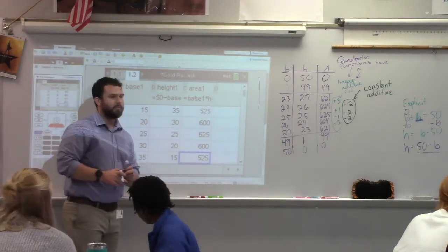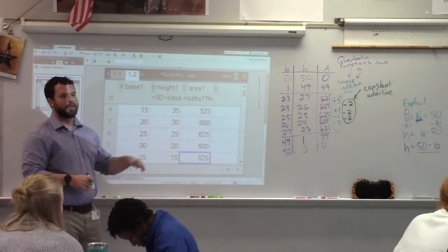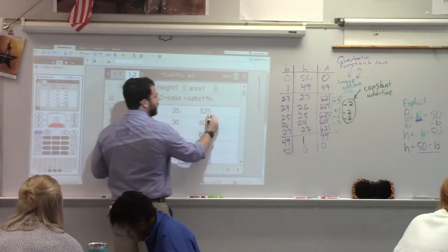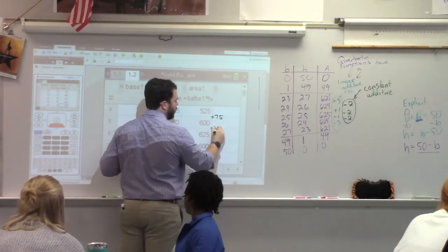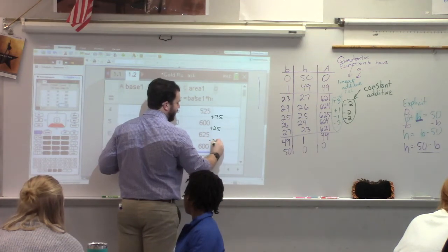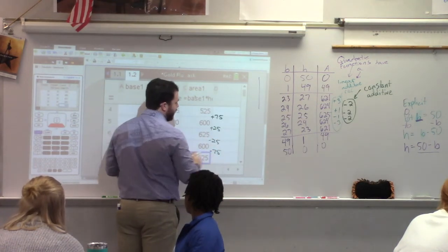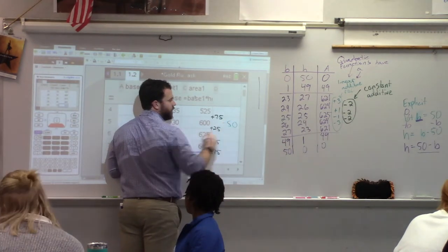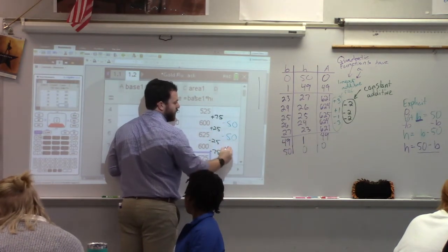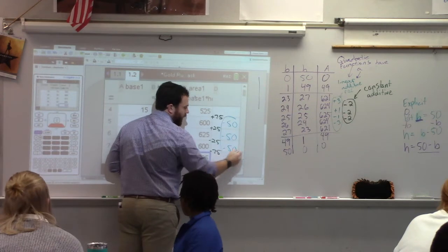I will once again point this out. If I'm looking at this quadratic function, do I see a linear additive rate of change? So plus 75, plus 25, minus 25, minus 75. So to go from 75 to 25, subtracting 50, minus 50, minus 50. That's what?